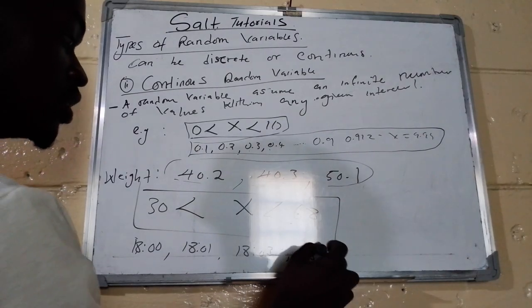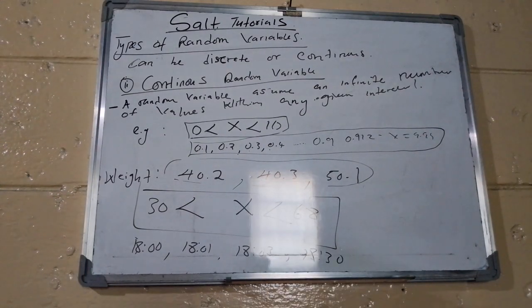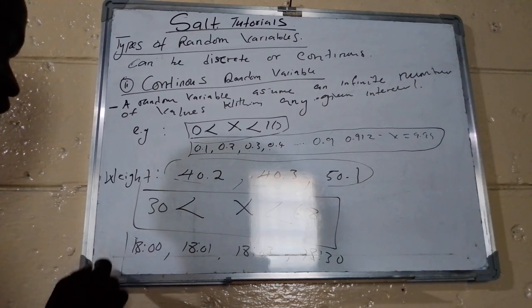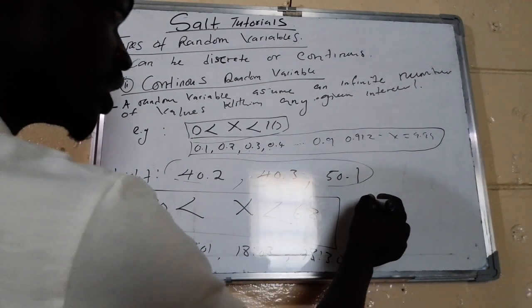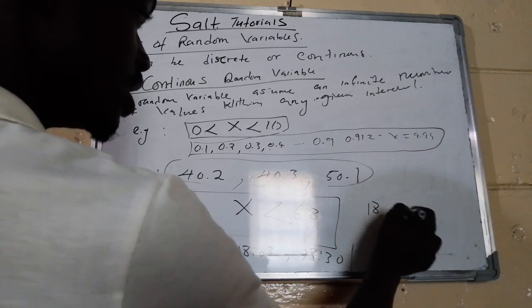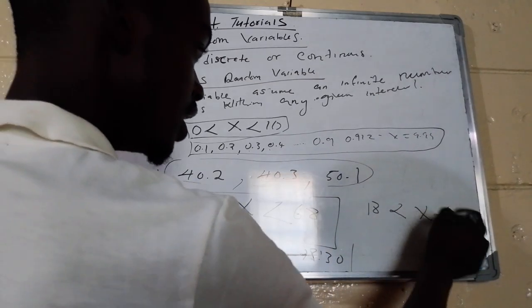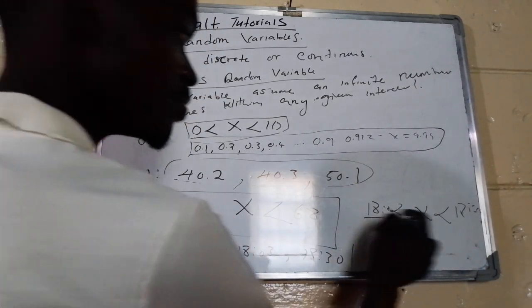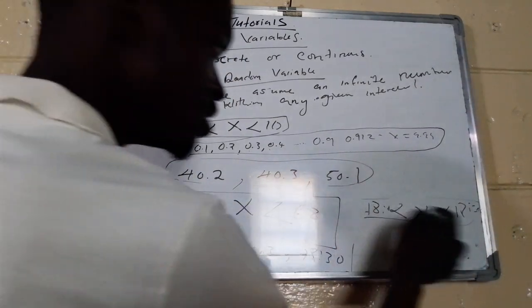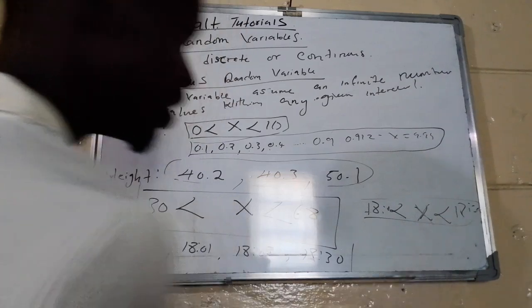So you discover that for everyone to come, there's a certain range of time. The range of time people would come is between 18 hours and 18:30. So the interval can be 18 < x < 18:30 hours. This is more like a range. The values in between will be taken up by the x variable, which is continuous.